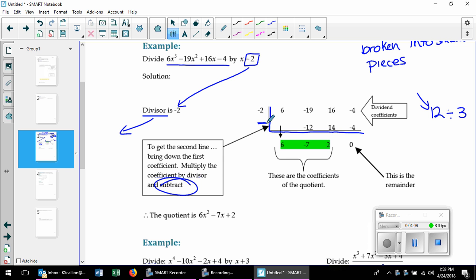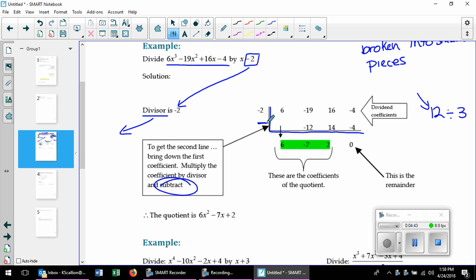So -19 minus -12 leaves you with -7. Now, -2 times -7 gives me +14. 16 minus +14 gives me +2. -2 times +2 gives me -4. -4 minus -4 gives me 0.